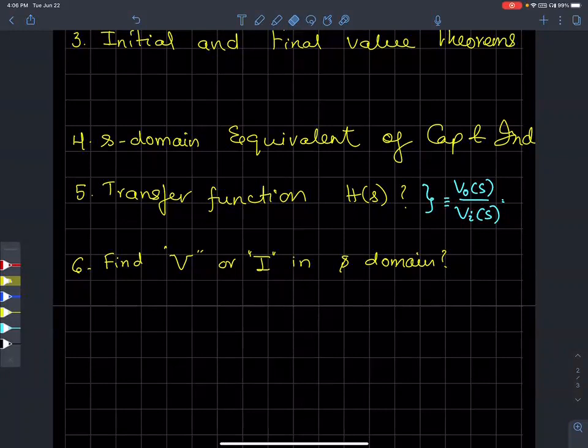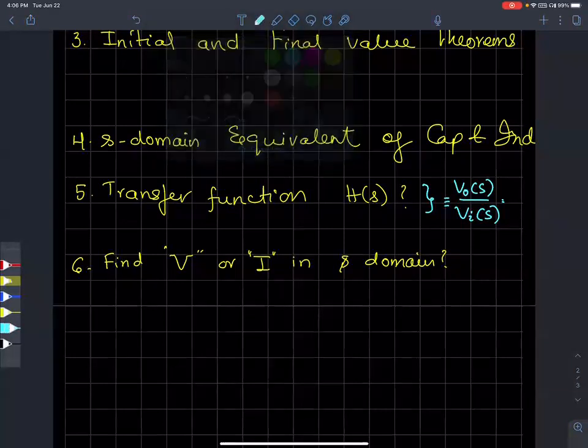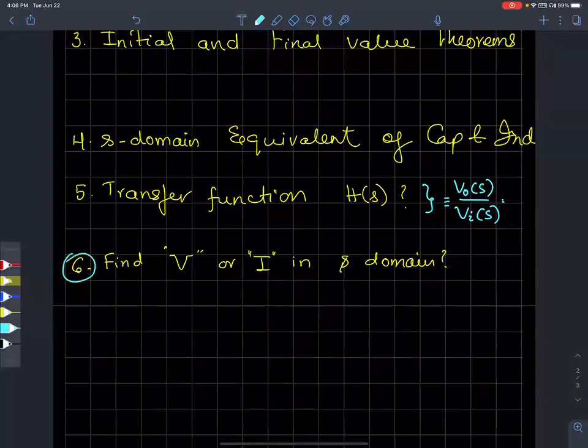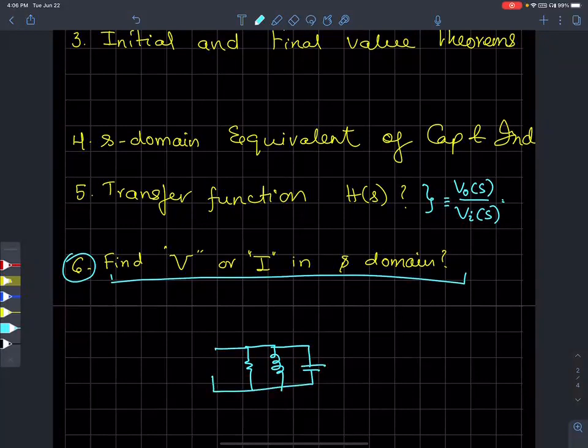Now, the other problem, number 6, of course, is trying to find the V or I in the S domain. Pretty similar to what we did earlier. In the last class, I think I showed you a problem where the current is given, or something like this.